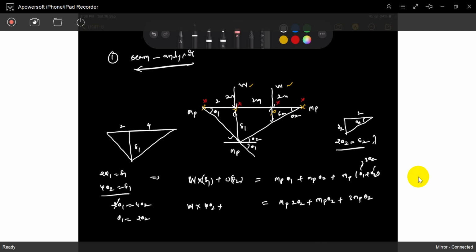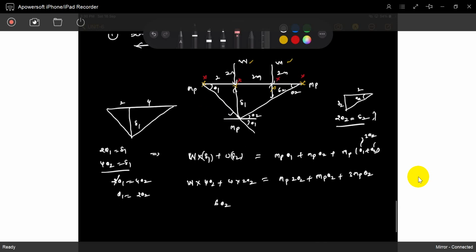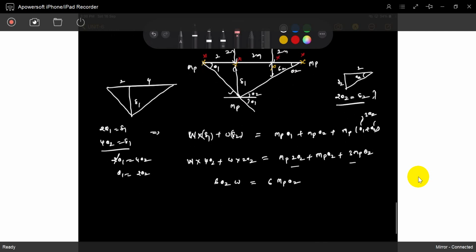Okay, so W times 2 theta 2. So that's 6 theta 2 W, equals 6 MP theta 2. Theta 2 cancels, 6 W is... somewhere it's missing.